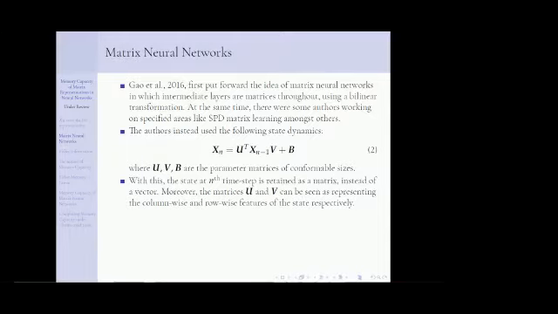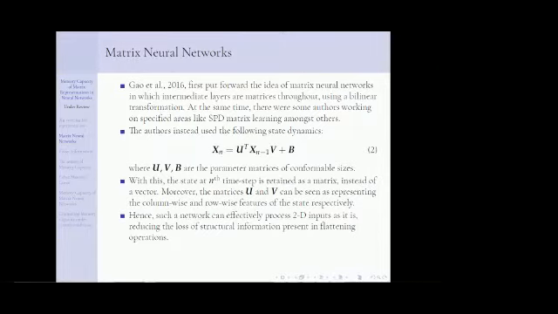Moreover, the matrices U and V can be seen as representing the column-wise and row-wise features of the state, respectively. U processes the columns of X_{n-1}, and V processes the rows of U transpose X_{n-1}. So it is again processing row by row and column by column, but now we have a representation which is a matrix rather than a vector.